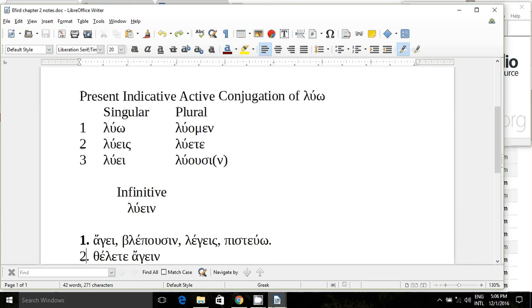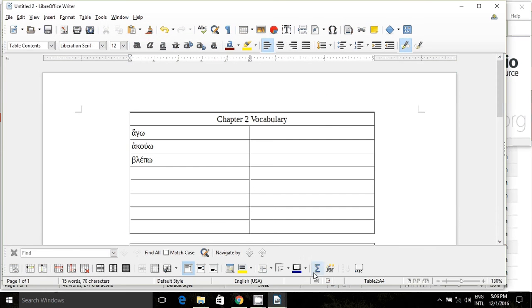Here's how I would like you to make your vocabulary flashcards. Use a 3x5 flashcard, and then I highly recommend that you don't just put one word on a flashcard, or you'll never use them that way. Your stack of flashcards will be too huge. I recommend that you use 18 or 20 on a 3x5 flashcard. So that would be the front, and then obviously the rest of these lines would be filled in.